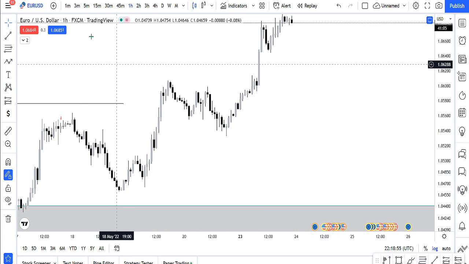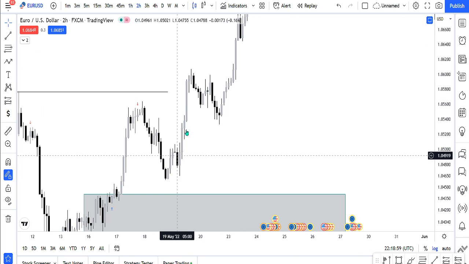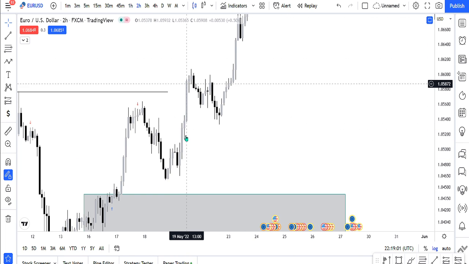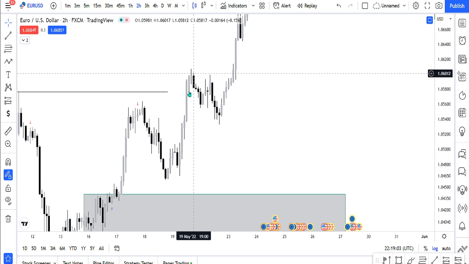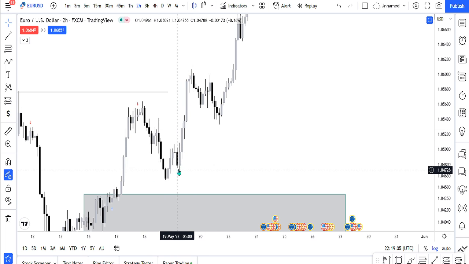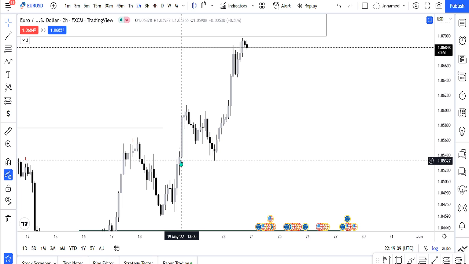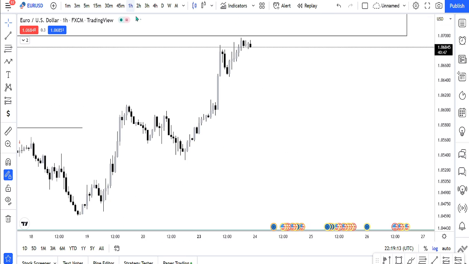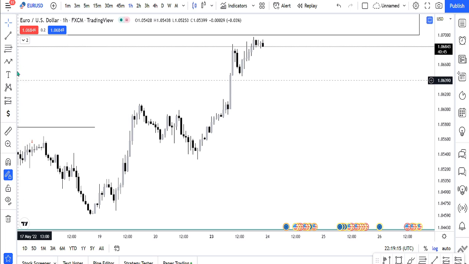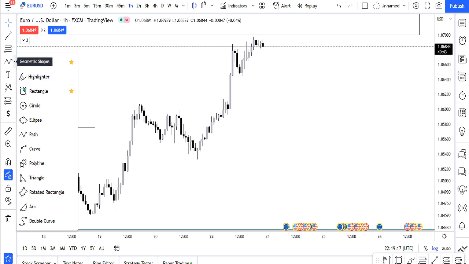As you can see in this, on a higher time frame, this would have been a smaller imbalance. Of course, it would be. I can see the impulsive breakout. Again, it doesn't always have to be a consolidation, just an impulsive breakout. So you can see price impulsively broke out, and then we did have the 50% area marked out, but as you can see on the hourly time frame, we had an area of demand.